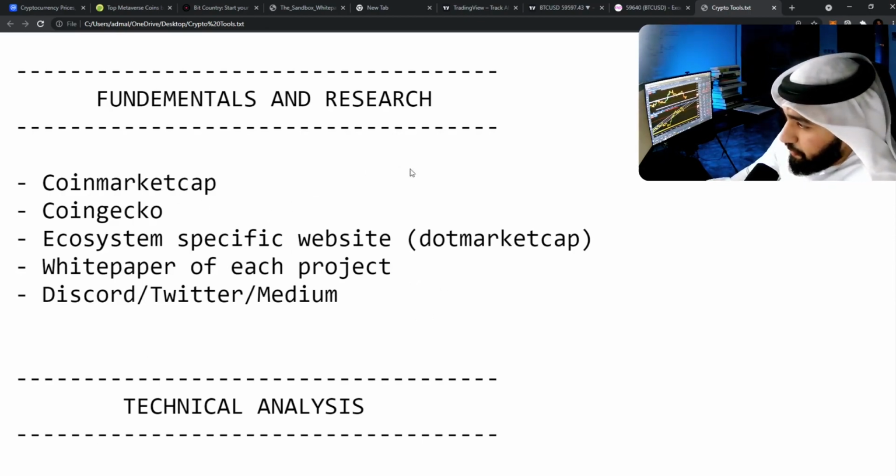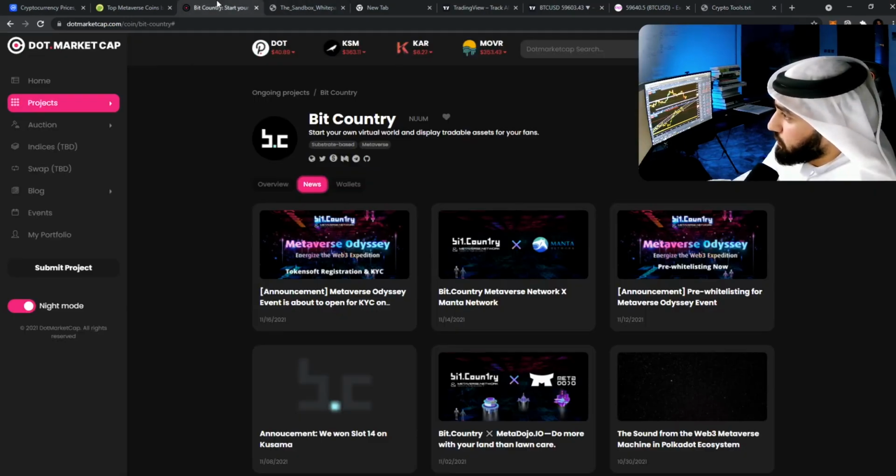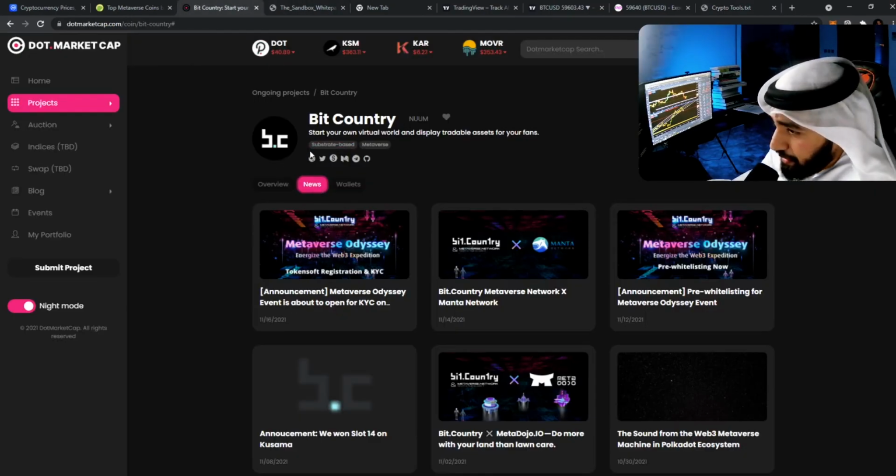So, white paper. Then, finally, to do your fundamentals and research, you go to Discord, Twitter, Medium, and Telegram. Join the Discord, Twitter, Medium, and Telegram of these projects. For example, in this project, BitCountry, I have joined their Telegram and their Discord, I've read their Medium, I've read their white paper, I've read everything about them, and I've done my research.